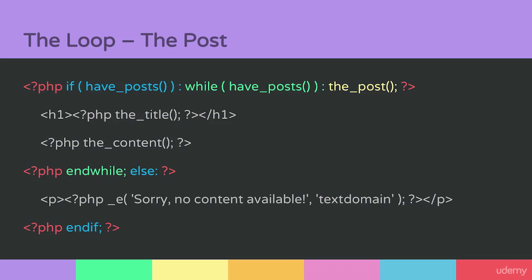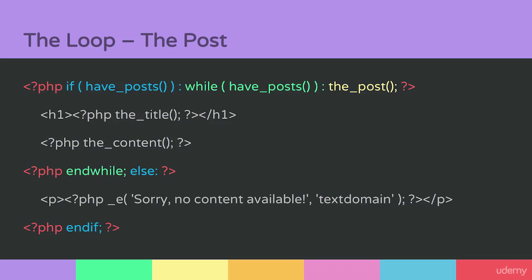And it's very important to mention here that when we see the post in WordPress, this is often a generic term to refer to posts, pages, custom posts, any sort of post type, really. And it's important to remember that this whole loop, even though it says have posts, the post, will work for pages, and will work for custom content. So again, the post here is kind of a generic term for content in general.